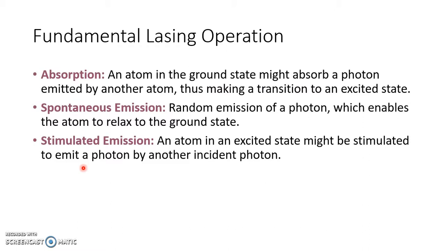Although there are different types of lasers used for different applications, the basic principle of working of a laser remains the same. That is based on these three principles: absorption, spontaneous emission, and stimulated emission.